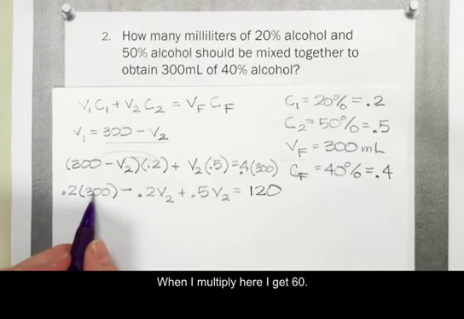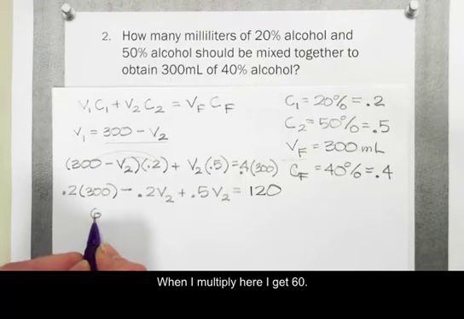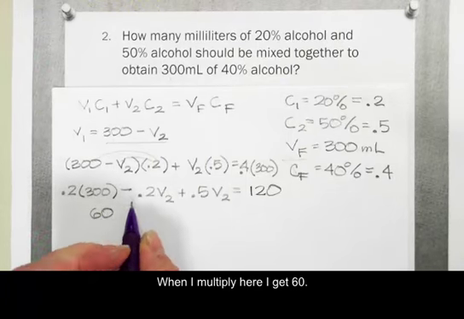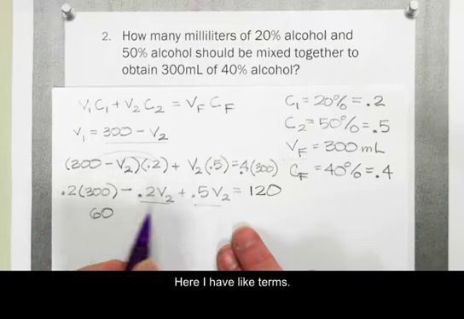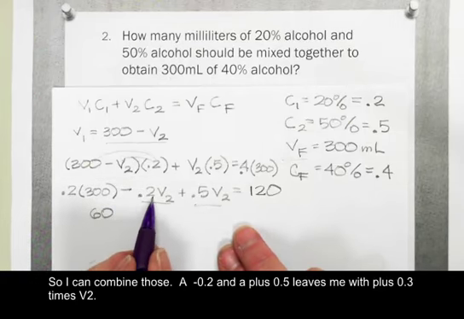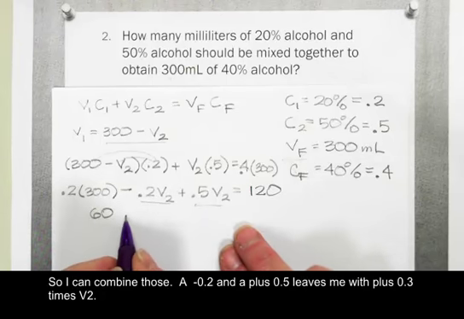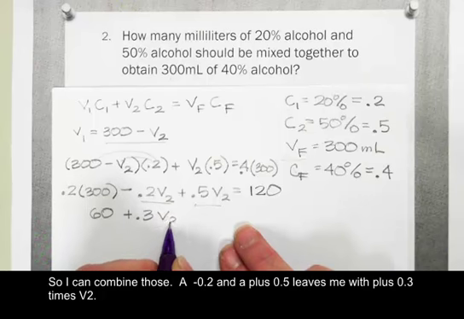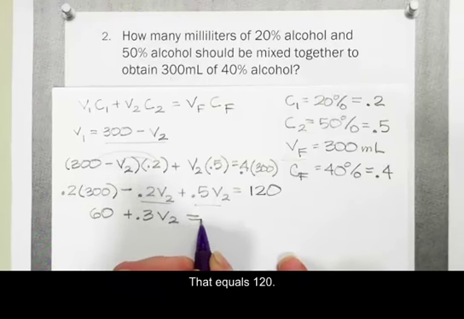So when I multiply here, I get 60. Here I have like terms, so I can combine those. A minus 0.2 and a plus 0.5 leaves me with plus 0.3 V2, and that equals 120.